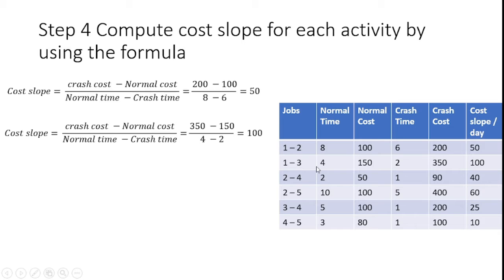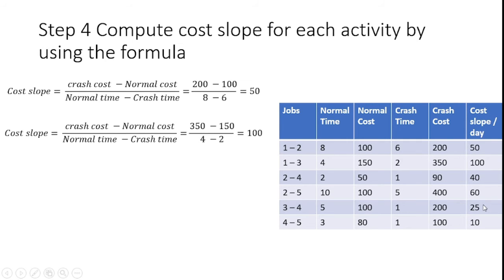In that, crash cost is 350 and normal cost is 150, so I substituted 350 minus 150. After that, normal time is 4 and crash time is 2, so 4 minus 2. 350 minus 150 is equal to 200, divided by 2. From this I get 100 as the cost slope. So we should identify the cost slope for every activity.